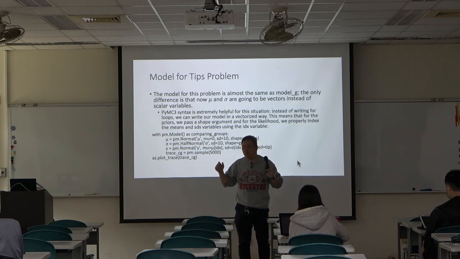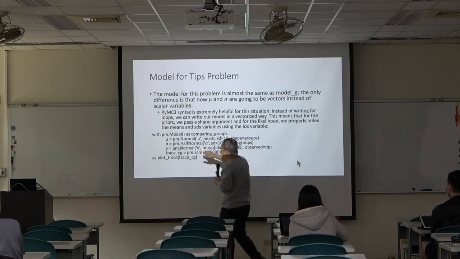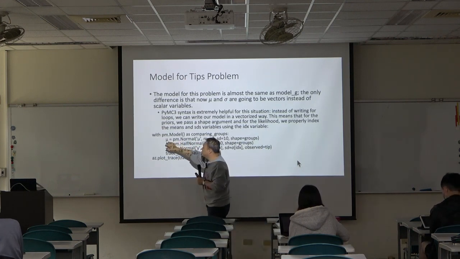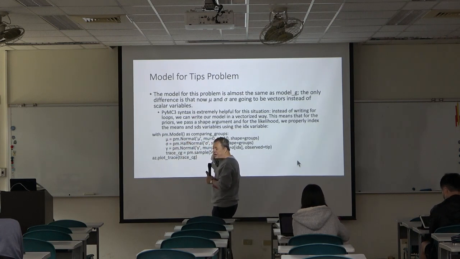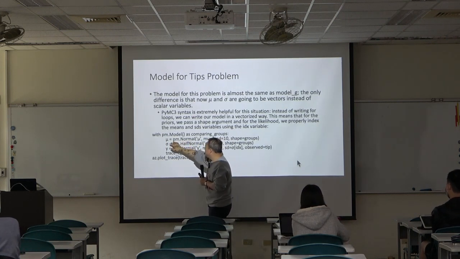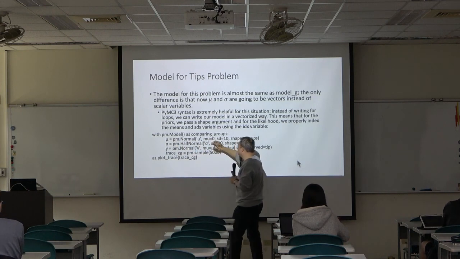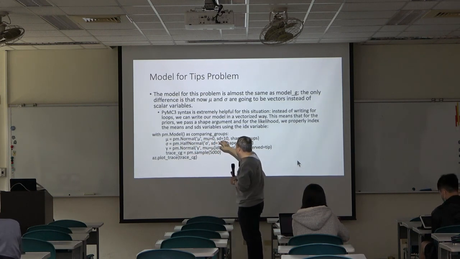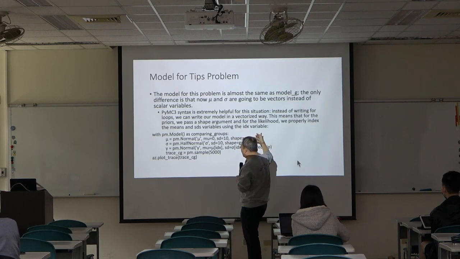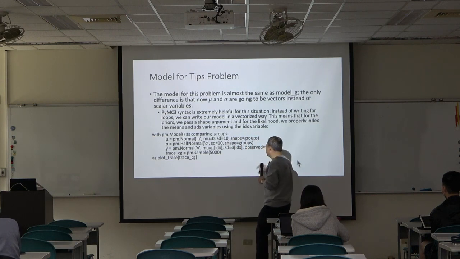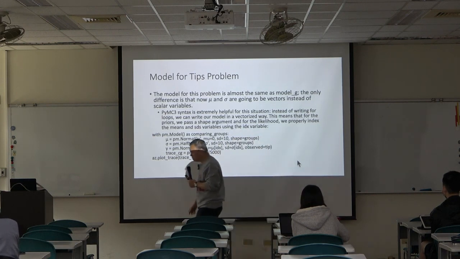But now we use a normal distribution to represent the prior of mu, and we set its mean and standard deviation as 0 and 10. So we have changed something here, and the other parts are kind of similar.